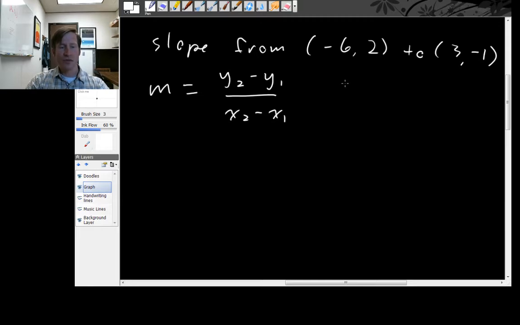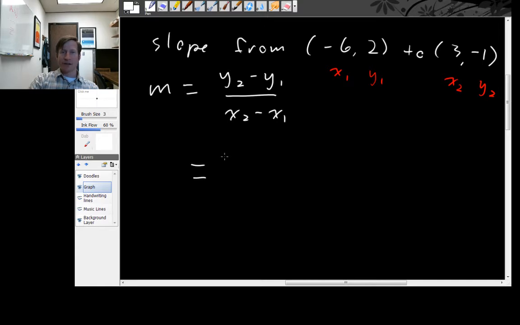Okay, so for this, we'll take this first point to be x1 and y1, and the second point to be x2 and y2. It doesn't matter which point has the 1s and which has the 2s, as long as you're consistent. Okay, so let's put all of this into the formula.